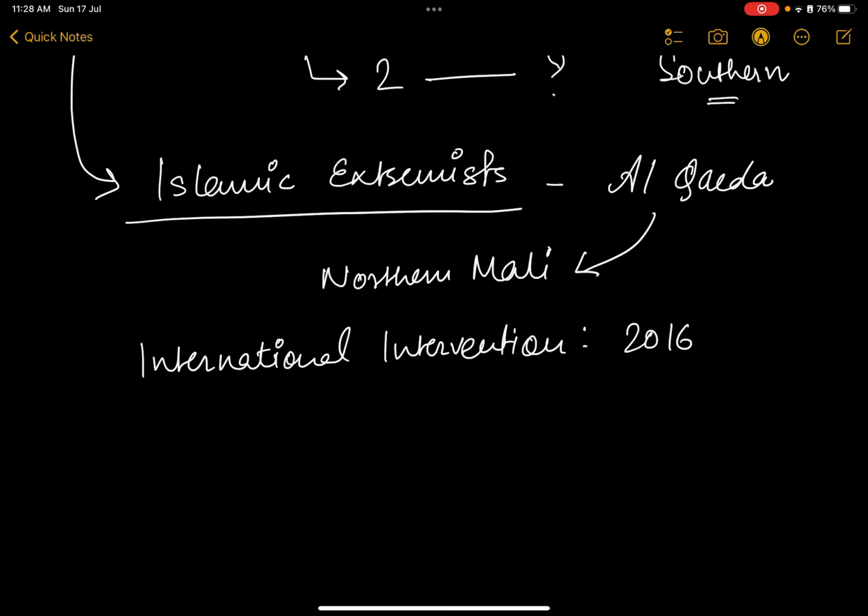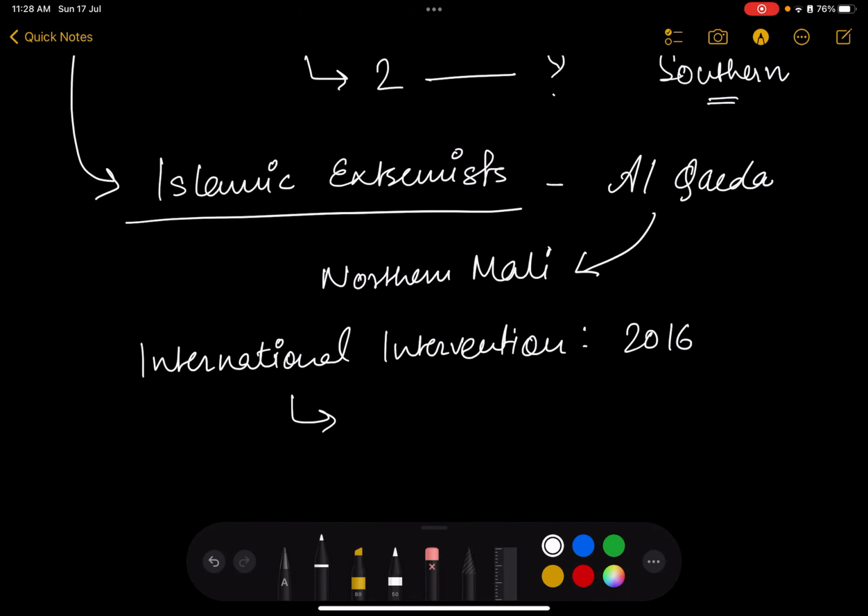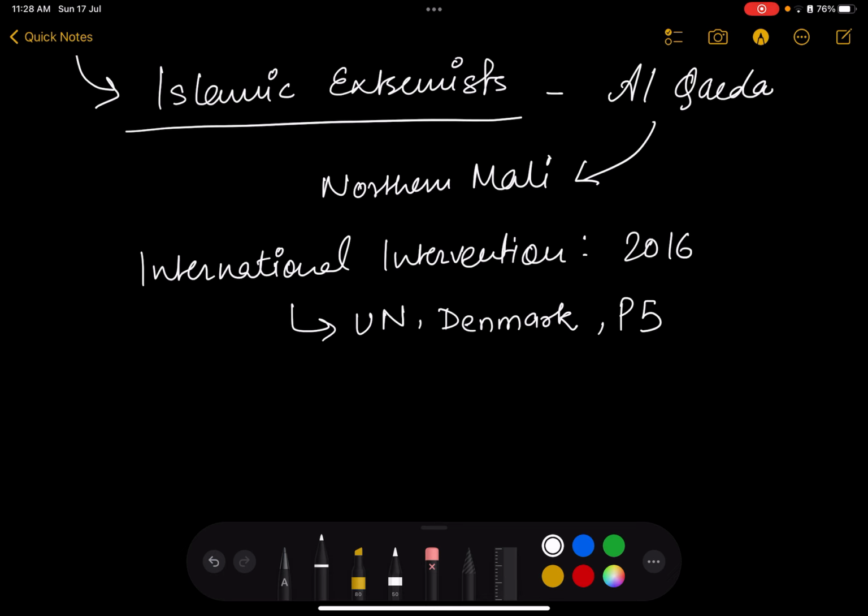The nature of the unrest is a threat to global security. Therefore, the stakeholders are the United Nations, Denmark, as well as the P5 in general. Okay, so this is the background of this one.